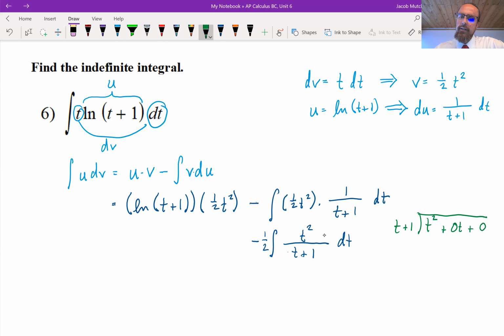So we'll divide. Recall you start with your first term, so t squared divided by t is going to be just t to the power of 1. So I'm going to put that quotient there, t, and then I need to multiply back. So t times t plus 1 is going to be t squared plus 1t.